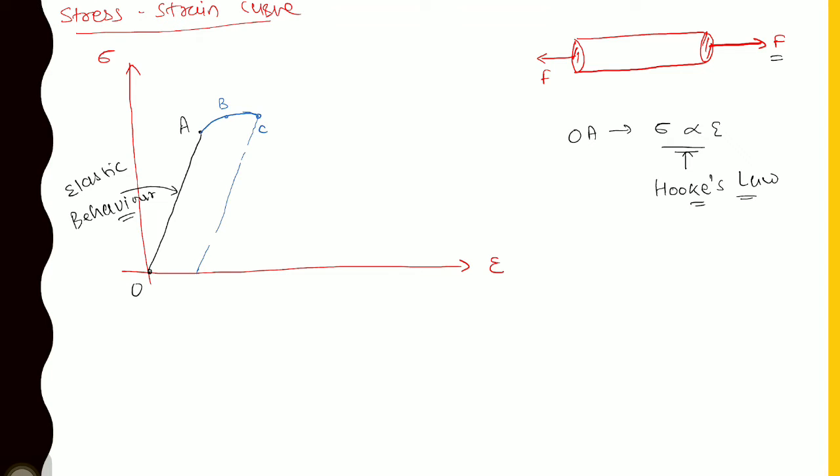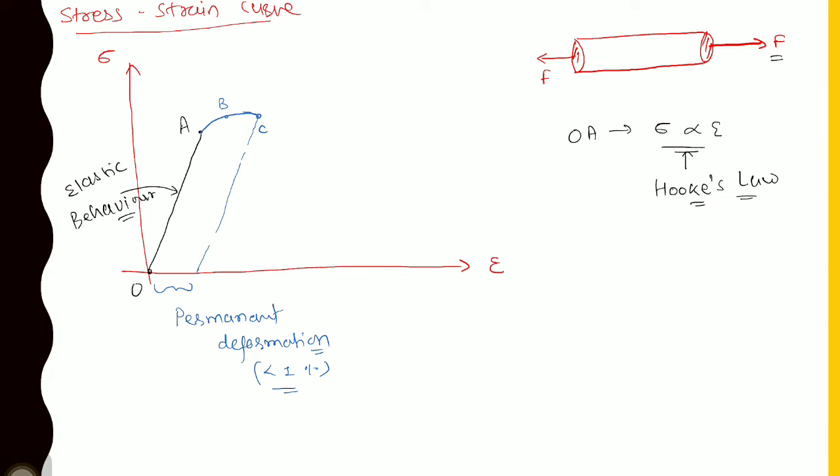So here the body gets some permanent deformation, and this deformation is generally less than 1% of the original. If you remove the force before A, the body gets its original shape, but if you remove the force at C, then there is some permanent deformation.